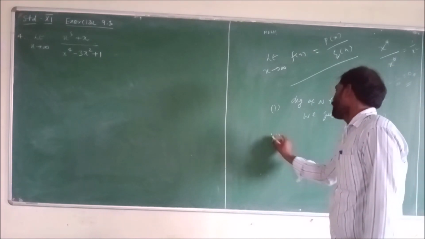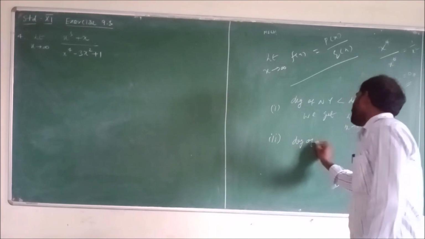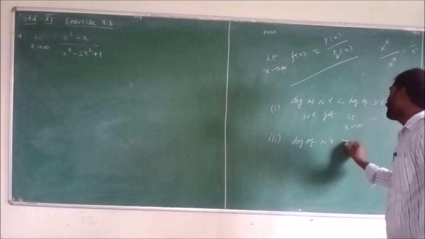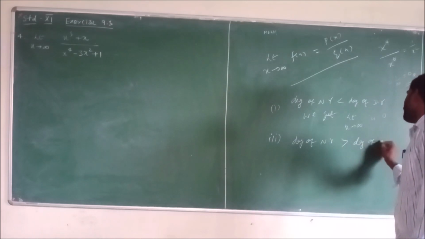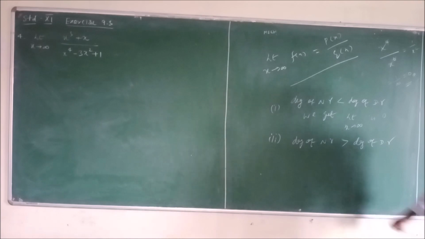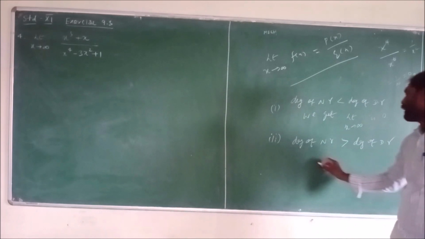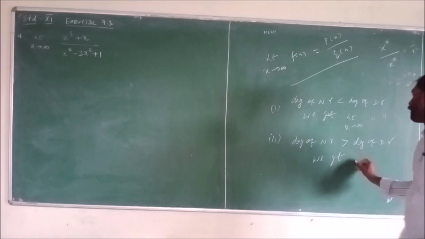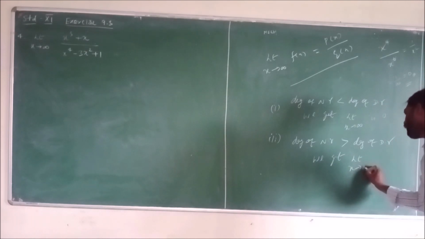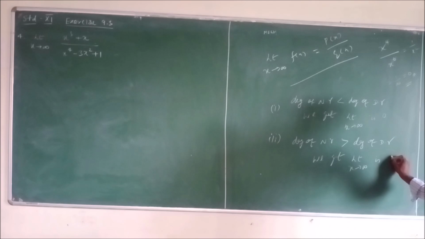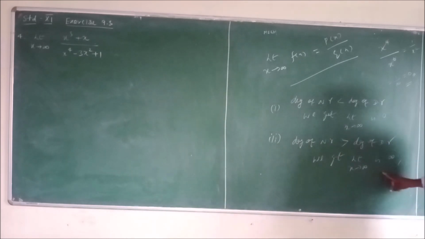The second condition is the degree of numerator greater than the degree of denominator. In that case, the limit as x tends to infinity is infinity.